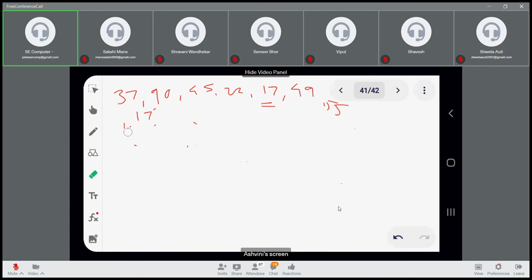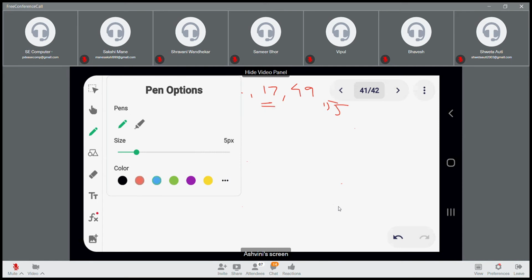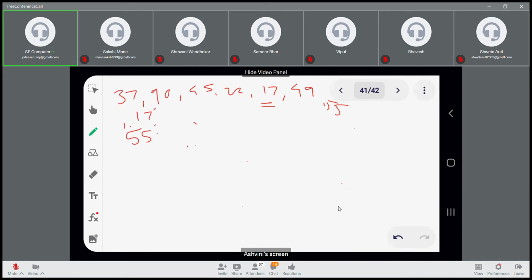Now 55 mod 10 is equal to 5, but at index 5 we have already placed 45. So you need to find the second location for placing 55. So I'm going to use the second hash function.